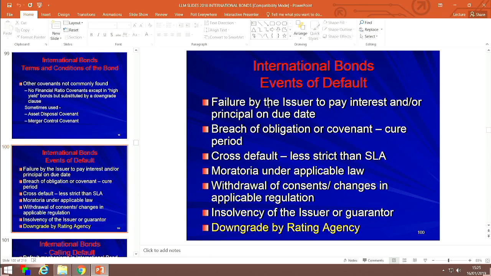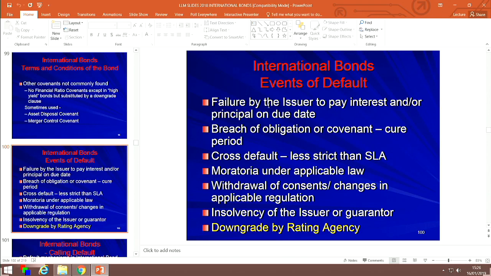The latter one, public indebtedness, is the formula more commonly used. And public indebtedness means any debt which is actually on a public exchange. It's public. And that means any other bond issue. So if any other bond of the issuer goes into default, this bond gets triggered.